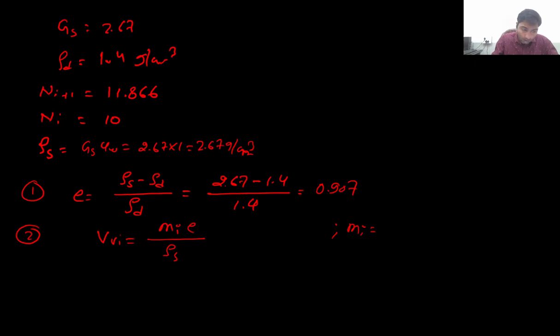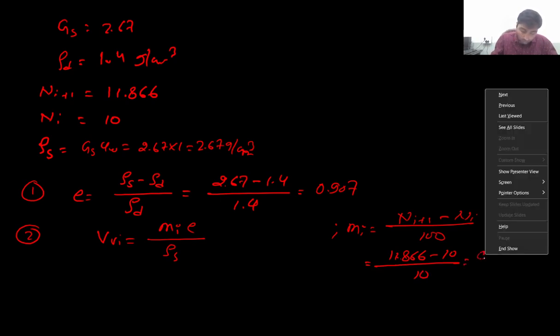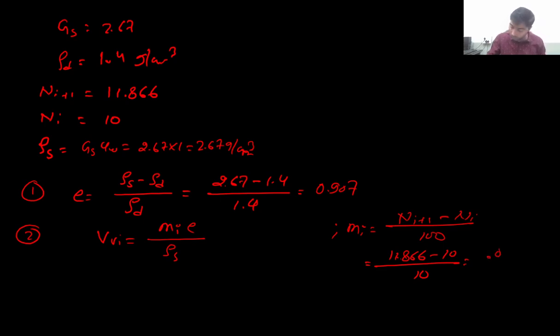The value of Mi is Ni plus 1 minus Ni upon 100. For the first fraction, it is 11.866 minus 10 divided by 100, so that will be 0.01866, right? 1.866 divided by 10 is going to be 0.1866.